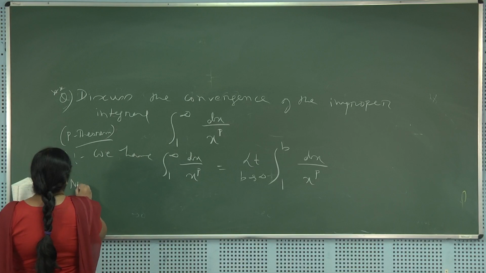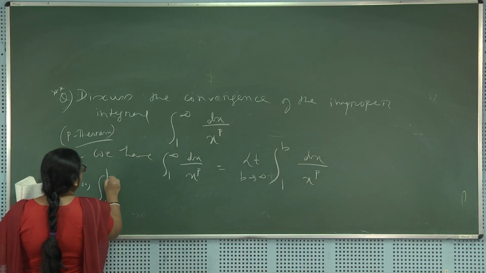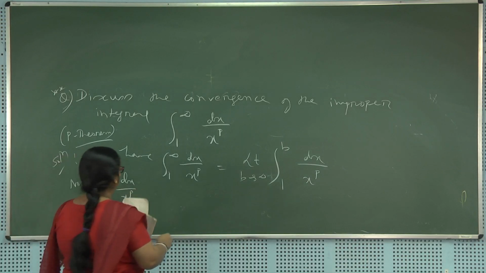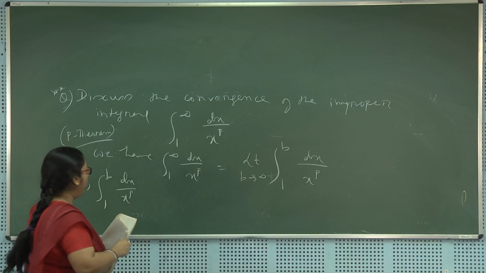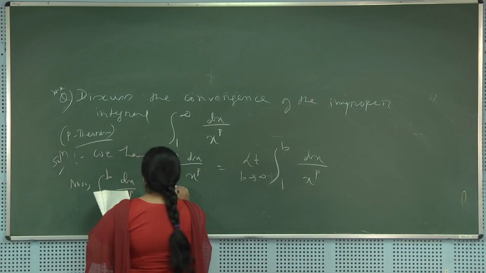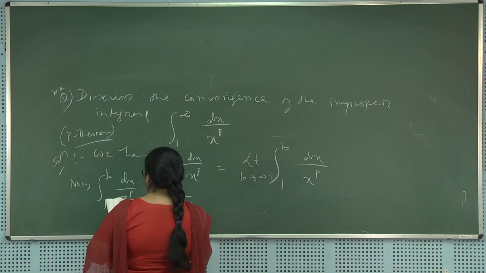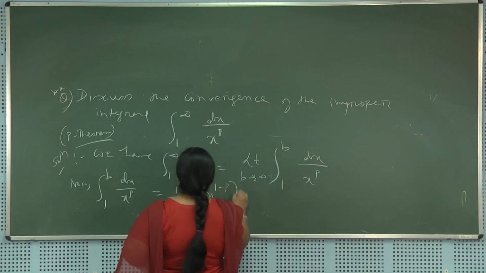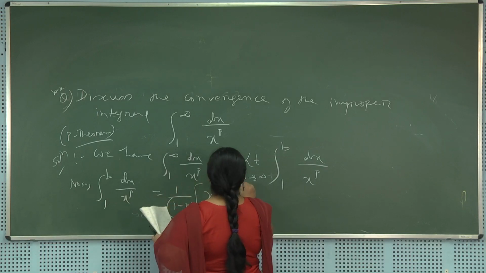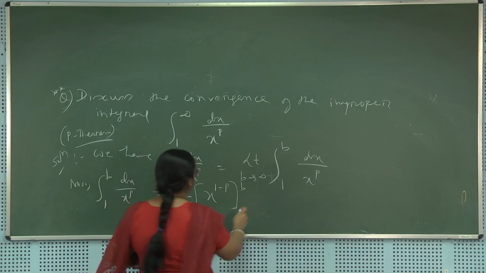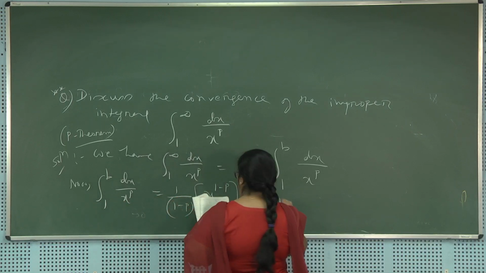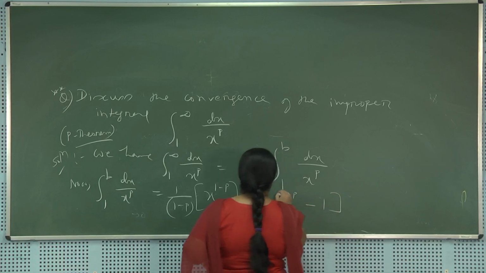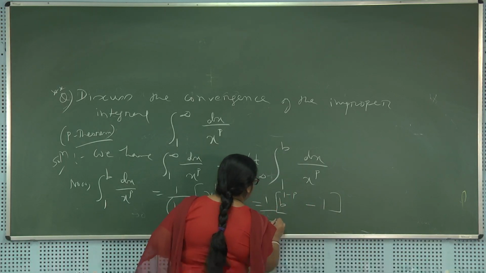Now the integral from 1 to b of dx upon x to the power p, if I work it out, is x to the power minus p, so 1 by 1 minus p into x to the power 1 minus p from 1 to b. Now, you can substitute the upper and the lower limit. So, this will become b to the power 1 minus p minus 1, upon 1 minus p.